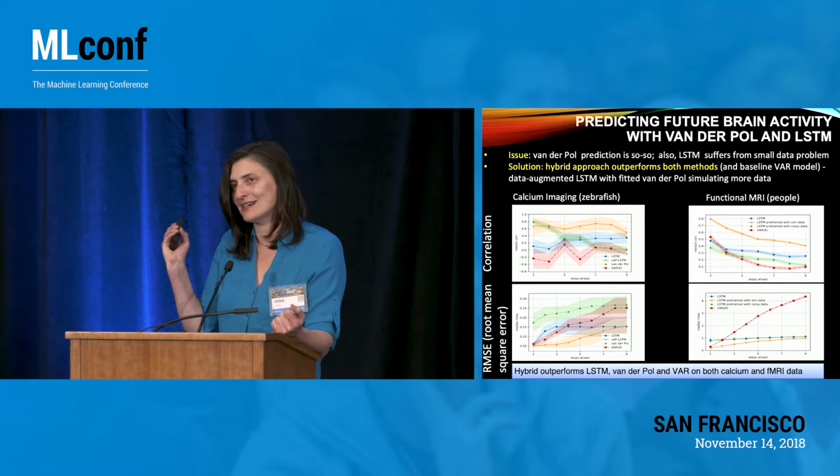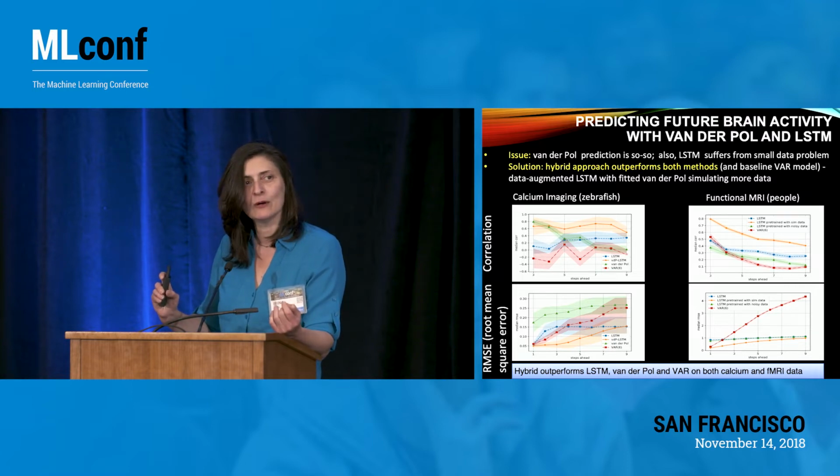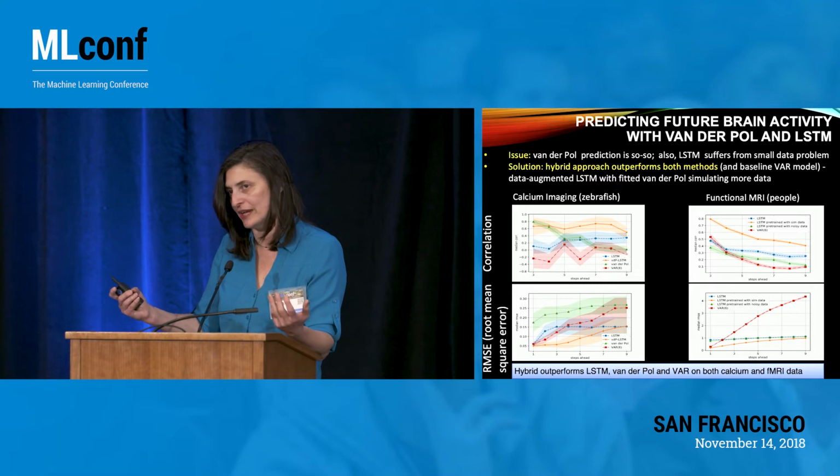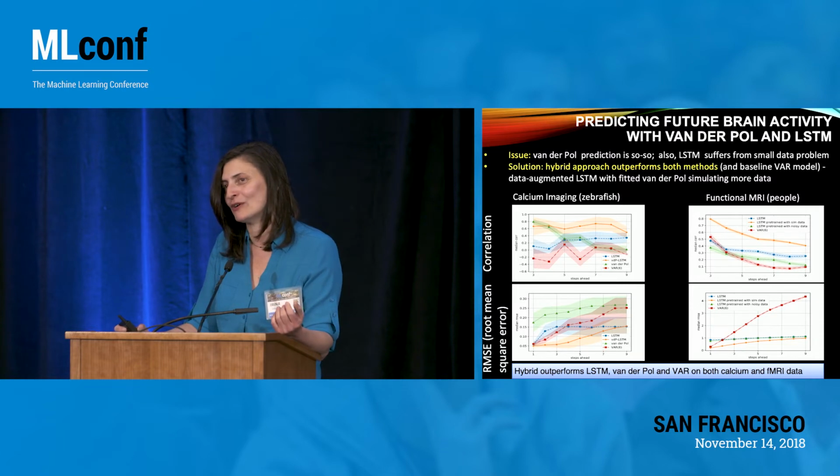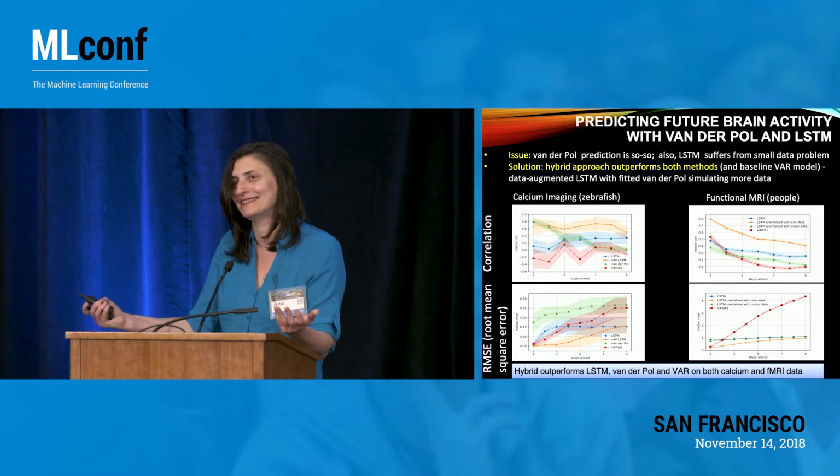So this is a classical example of what we keep encountering in this domain: a combination of some domain knowledge and/or analytical model with a general purpose, heavy-duty, multi-parametric neural net is usually the best. And indeed, what happened here, we decided to augment LSTM with non-existent data.